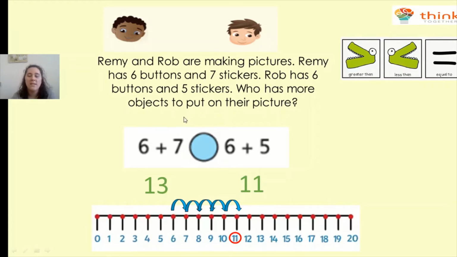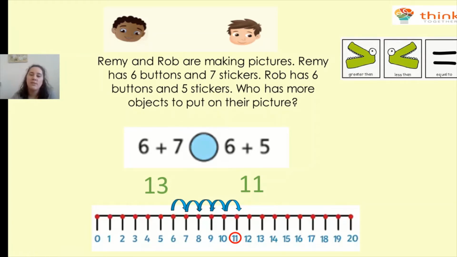Now, I need to compare these to see who has more. So let's have a look. The answer to 6 plus 7 was 13, and the answer to 6 plus 5 was 11. Is 13 greater than, less than, or equal to 11? Amazing. 13 is greater than 11.